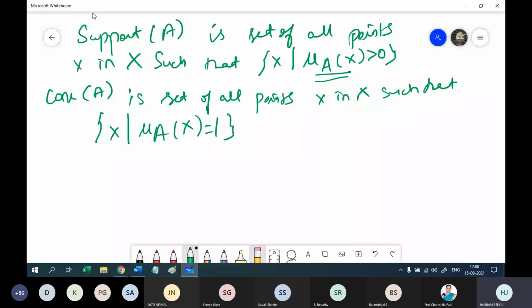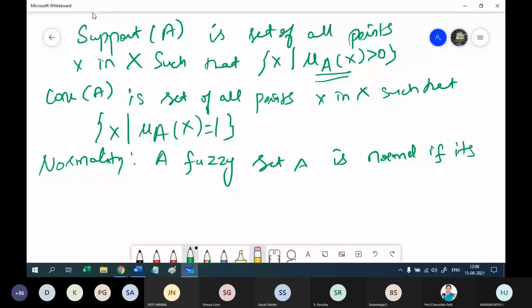Then the next important term is normality. A fuzzy set A is normal if its core is non-empty. So this one is related to the core value. If we have a value in the core set, it is normal. Then the next one is crossover.